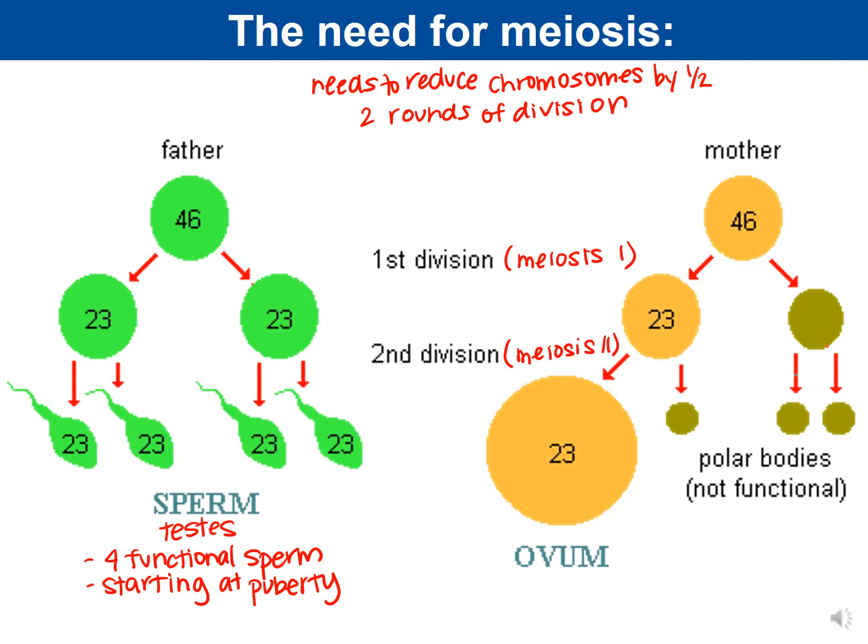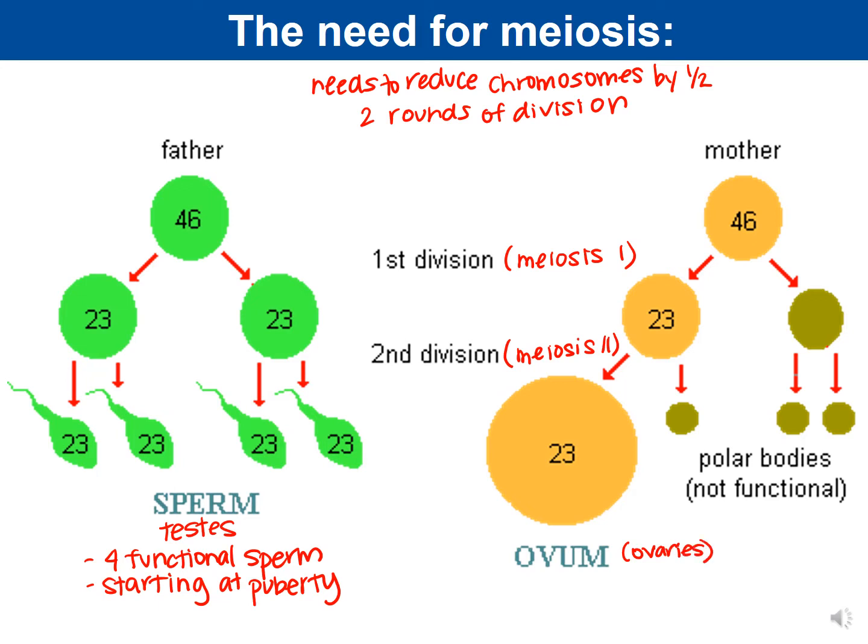On the other end of the spectrum is what's called oogenesis. And oogenesis is the process of producing the eggs or the ovum. Now, in females, this process is going to happen in the ovaries. So the ovaries are the reproductive tissue.